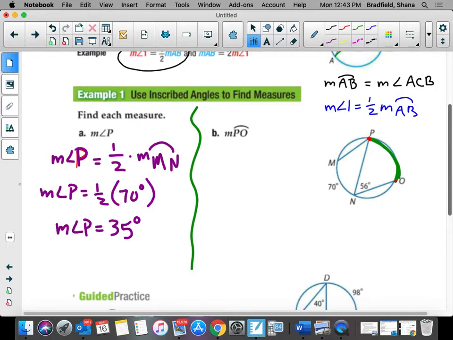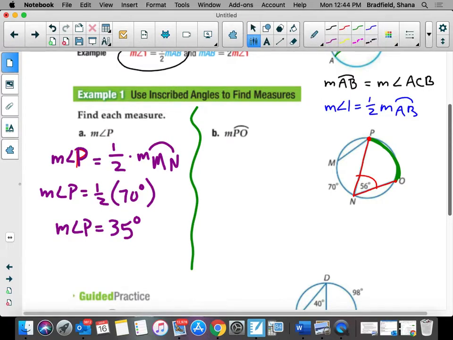I can see that P goes in 2 different directions, but point O only goes in 1 direction. So I'm going to start there so that I only have one way to go, and I see that it leads to vertex N, and then I can follow from N to P and get my angle. So arc PO is related to angle PNO.